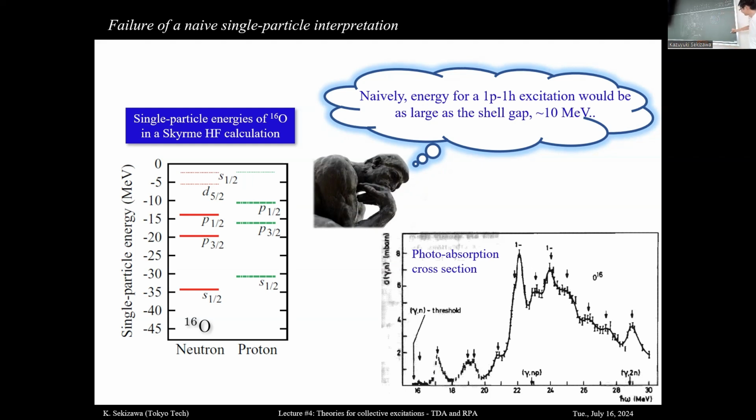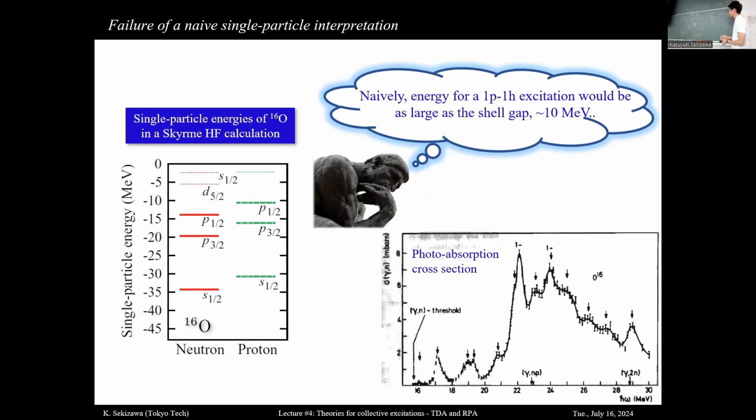Okay, so this is lead-208. And coming close to this nucleus, the Coulomb repulsion shifts the proton density distribution, and the neutron distribution remains.